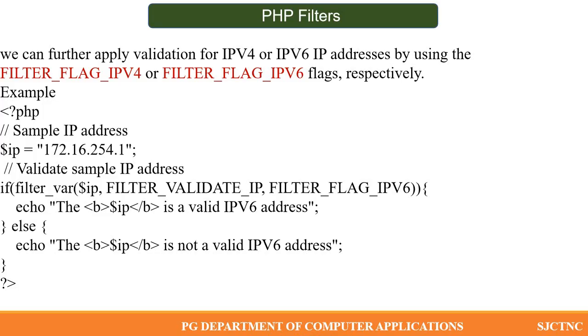Here we are checking using the filter_var method. The first argument is the variable name, and the second is FILTER_VALIDATE_IP.